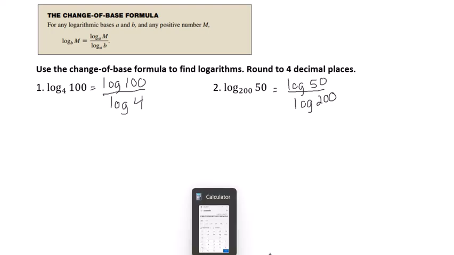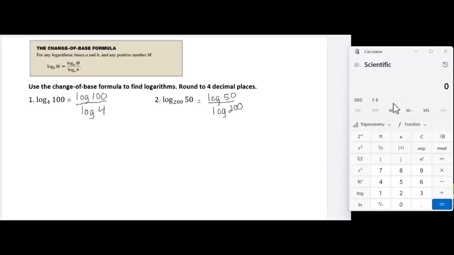All right, let me pull up a calculator. Now, depending on what type of calculator you're using, sometimes you have to type the 100 first. Sometimes you have to type the log first. But for this one on the computer, we have to type the number first. So 100 log divided by 4 log. But a lot of calculators, you'll just type log 100 divided by log 4.